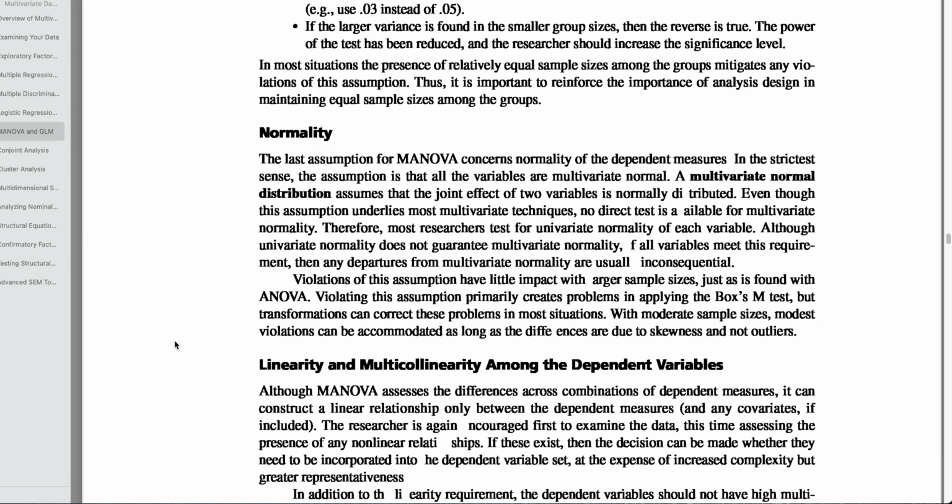With larger sample sizes, just as is found with ANOVA, violating this assumption primarily creates problems in applying the Box's M test, but transformations can correct these problems in most situations. With moderate sample sizes, moderate violations can be accommodated as long as the differences are due to skewness and not outliers. In the next chapter I will discuss linearity and multicollinearity among the dependent variables.